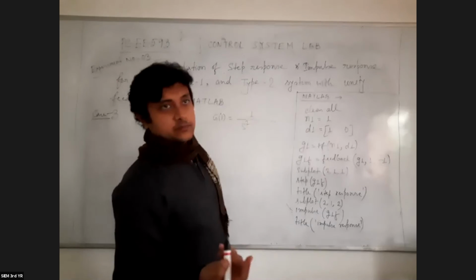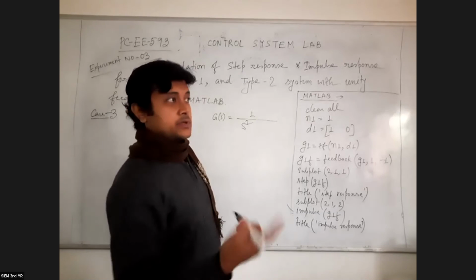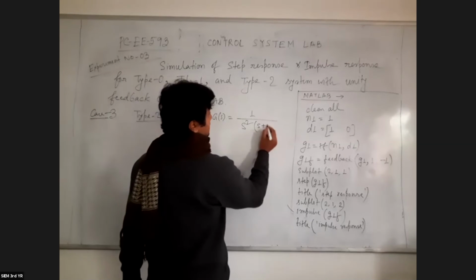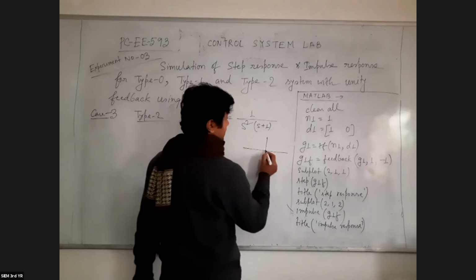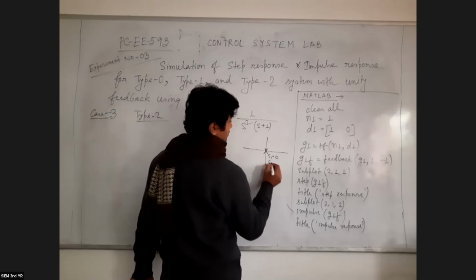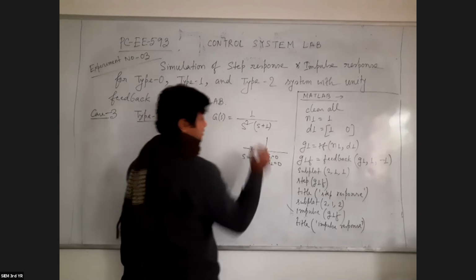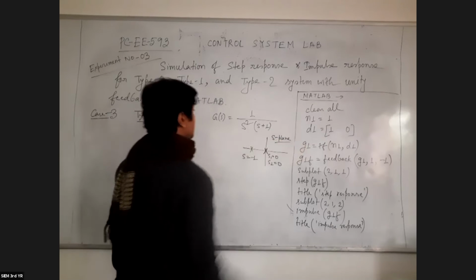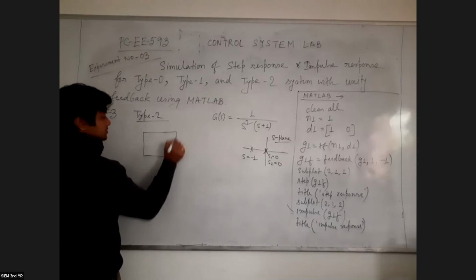This is the type 2 system. In the previous one, we used 1 by s. We have not taken another pole value. This time we will take a pole value, say s plus 1. Okay. So that means we have two poles at the origin, and another pole is present at s equals minus 1. Clear? So the diagram will be like this.